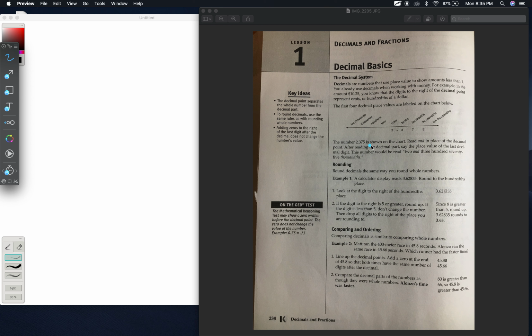The number 2.375 is shown on the chart. Read "and" in place of the decimal point.